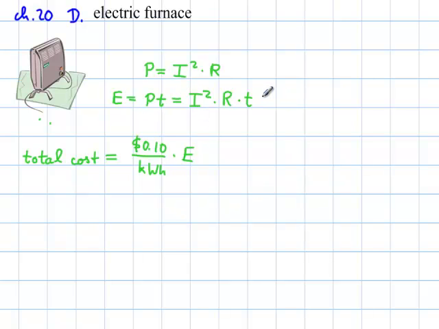So at this point here, it's a matter of plugging in numbers. The current is given as 25 amps. The resistance is given as 5.3 ohms, so 25 squared times 5.3. The time I mentioned a moment ago is given in hours times days, so 9 hours times 31 days would be 279 hours.